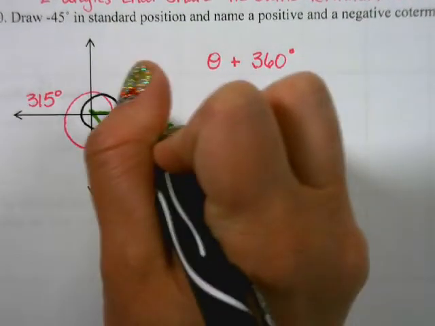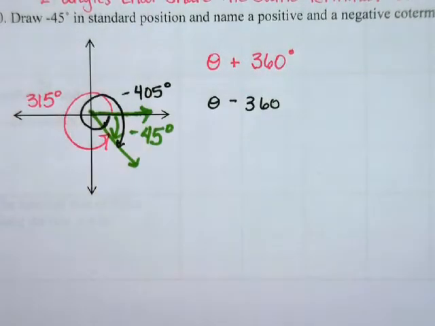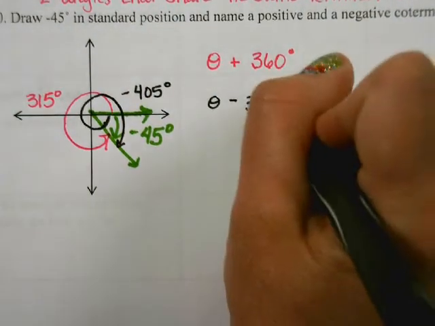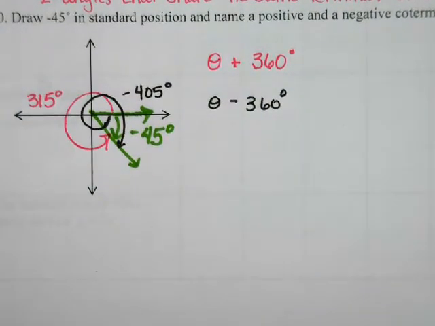Yep. Negative 405. And you can keep doing that, right? We could keep subtracting 360 and going around and around and around till we get there as many times as we want, or an infinite number of times.